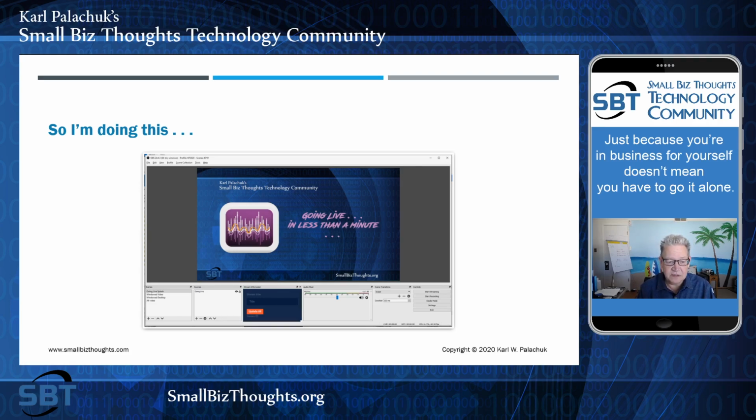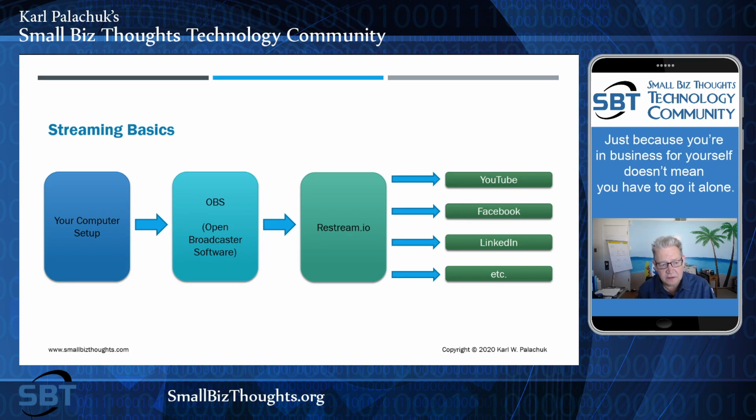I've got this system. This is my screenshot of the OBS software and the buttons that I've put together. Let me show you how it works. First of all, you have to set up your computer properly, microphone, camera, that kind of stuff. Then you use OBS, the Open Broadcaster Software, which you can download for free, and it allows you to put together these scenes.